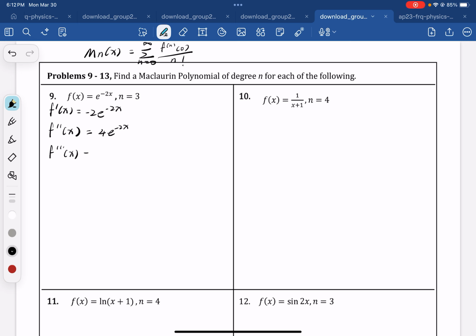And we plug in zeros. That's the definition for the Maclaurin polynomial. So f of 0 equals 1, f prime of 0 equals negative 2, f double prime of 0 equals 4, f third prime of 0 equals negative 8.